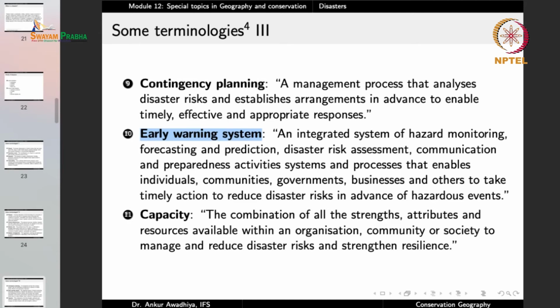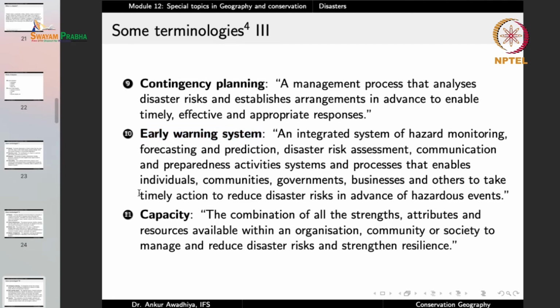So all of these are integrated together to make the early warning system. So it is an integrated system of hazard monitoring, forecasting and prediction, or disaster risk assessment with communication and preparedness activities, systems and processes that enable individuals, communities, governments, businesses and others to take timely action.